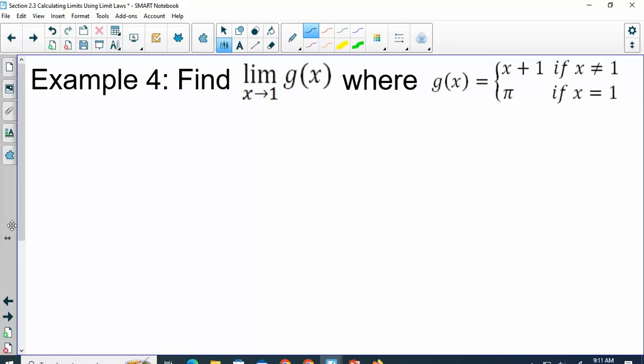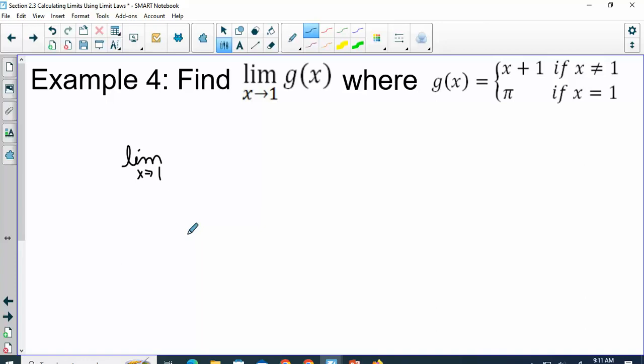All right, let's look at this one. The limit as x approaches 1 of g of x. But g of x is a piecewise function. Now, I haven't really given you any rules for piecewise functions, but if we are approaching 1, that means it's not equal to 1.